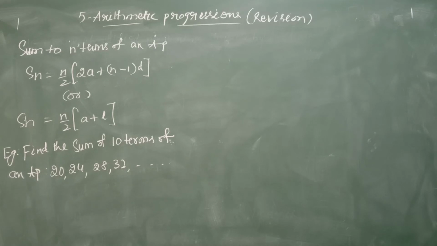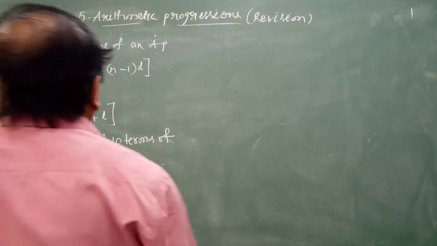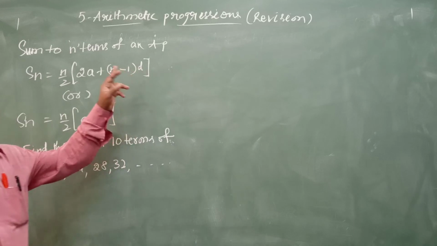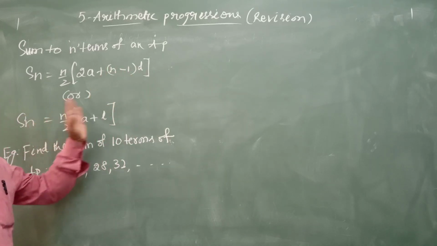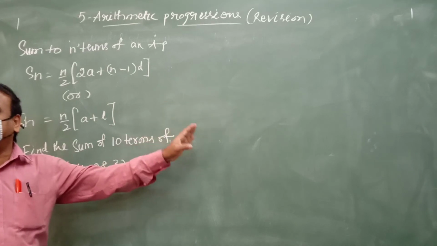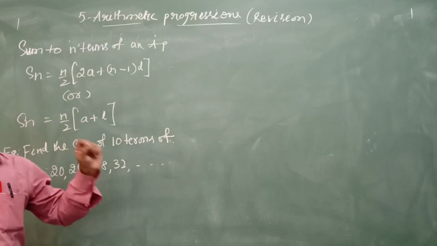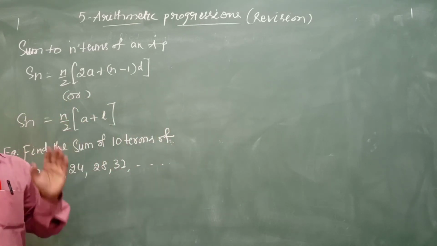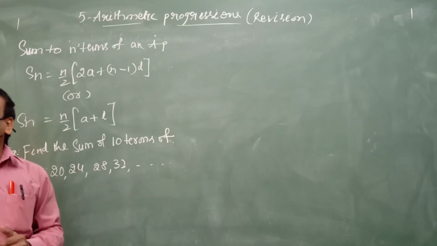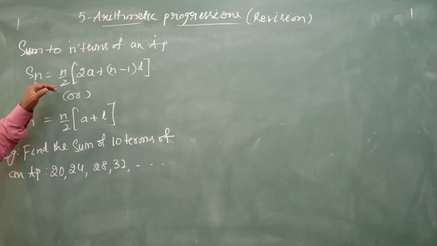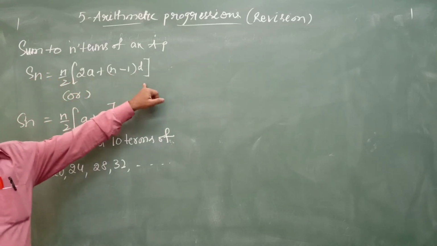Look here. Sum to n terms of an AP. Sum to n terms means the sum of n terms of an arithmetic progression. Before that we find the last term or nth term or general term. n is nothing but the number of terms. So if the series has 10 terms and you want the sum of all the terms, it is given by Sn is equal to n by 2 into 2a plus n minus 1 into d.